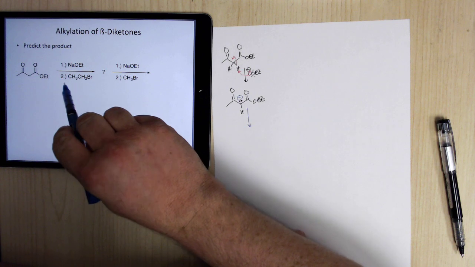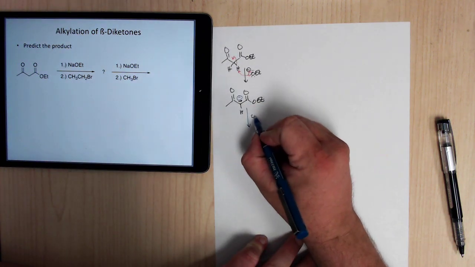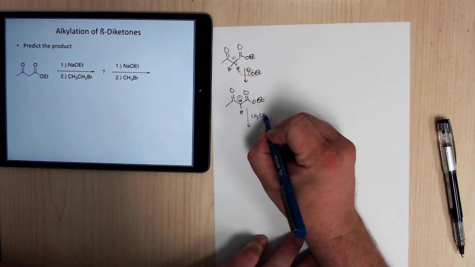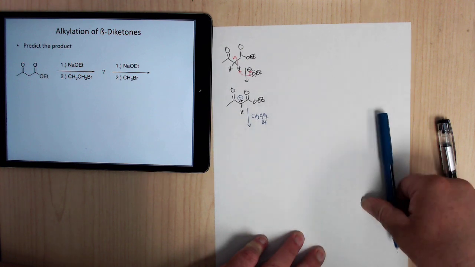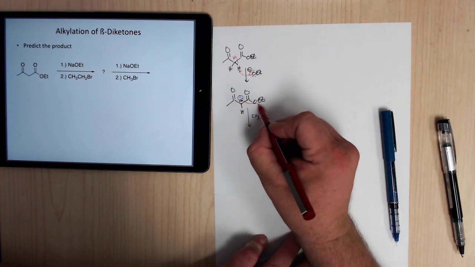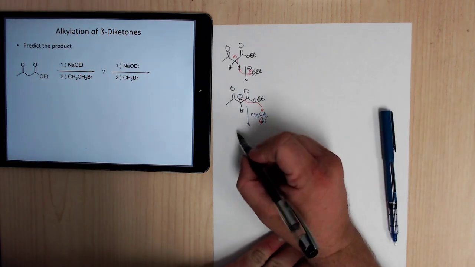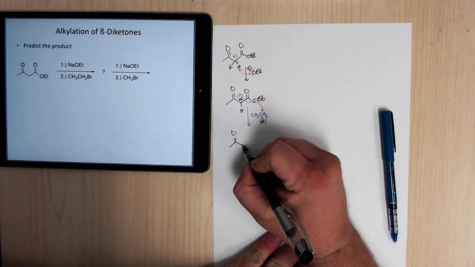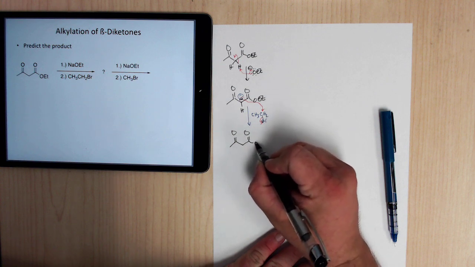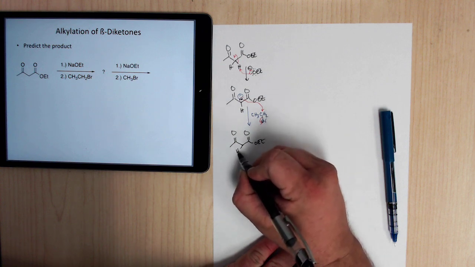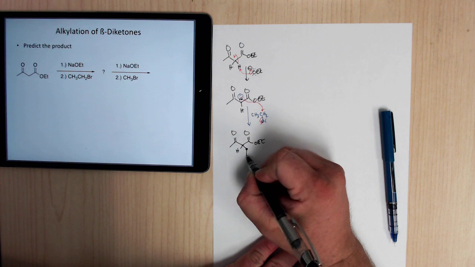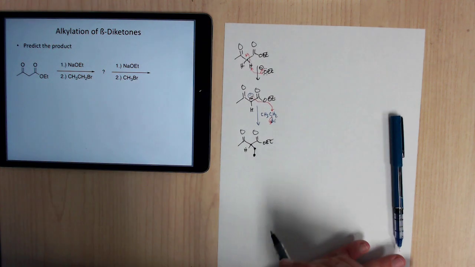Right, so if we then dump in ethyl bromide here, we're going to get an SN2 attack, kick this away, and we're going to get this 2-carbon piece there.